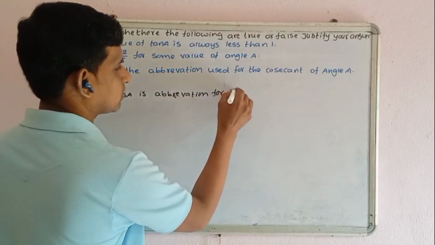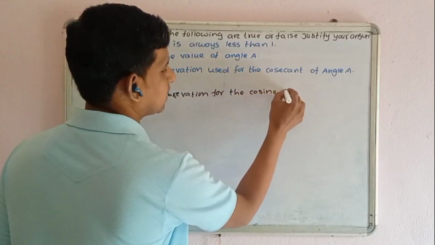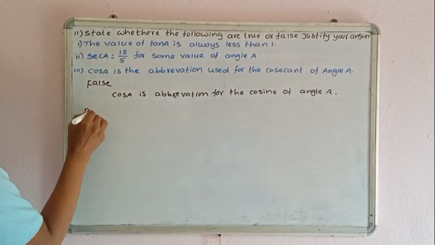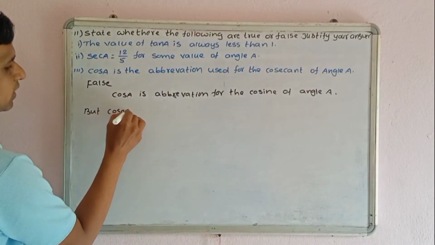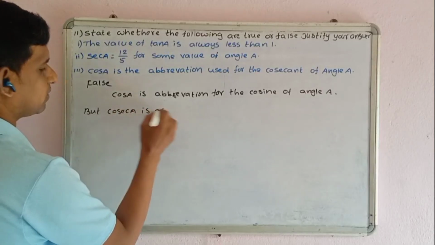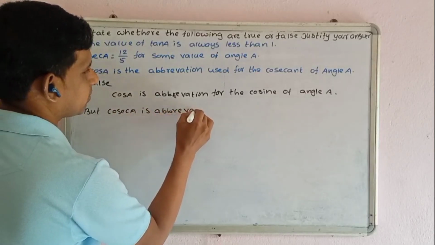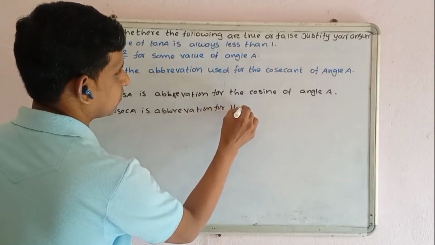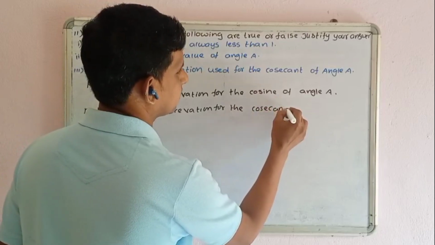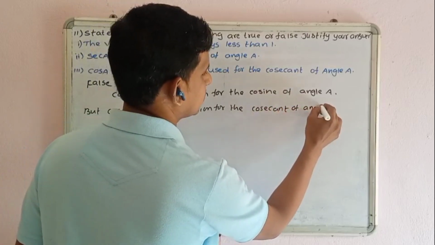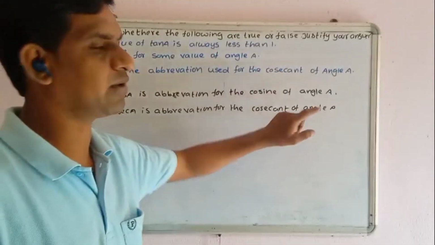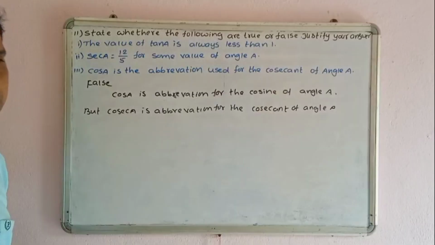Cosecant of angle A has its own abbreviation. So both are different. Cos A is nothing but cosine of angle A. Cosecant A is nothing but cosecant of angle A. Both are different. So this is a false statement.